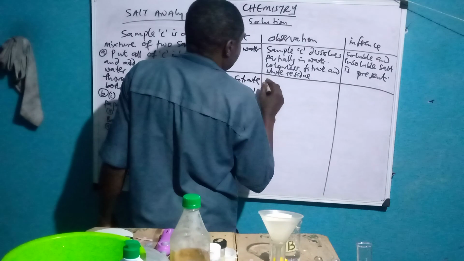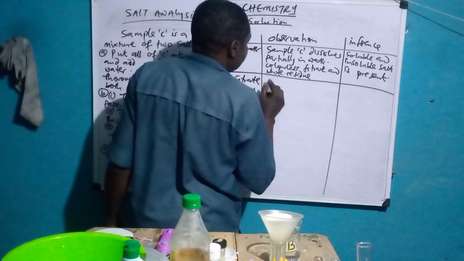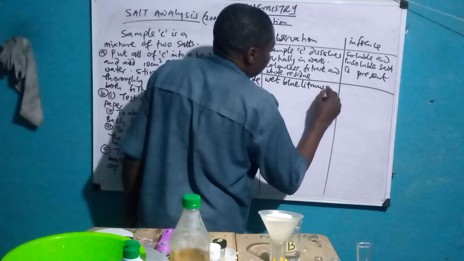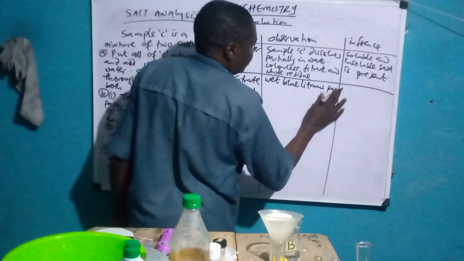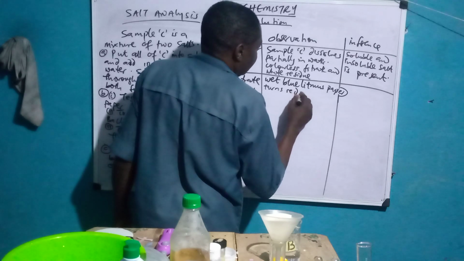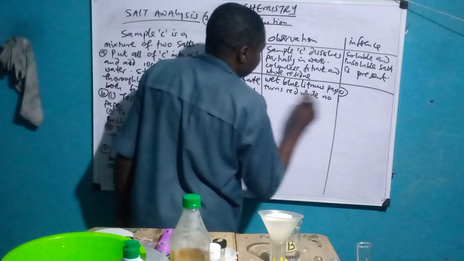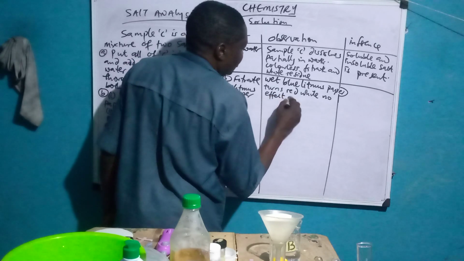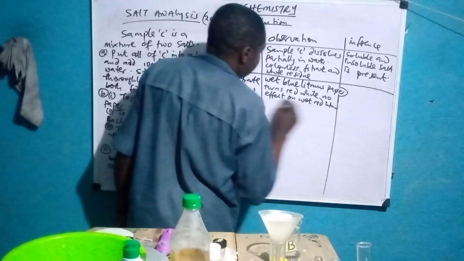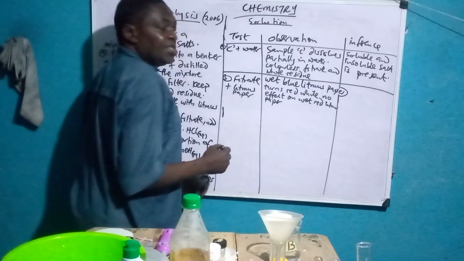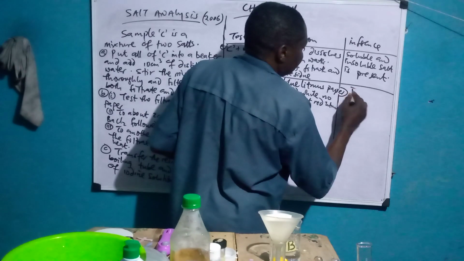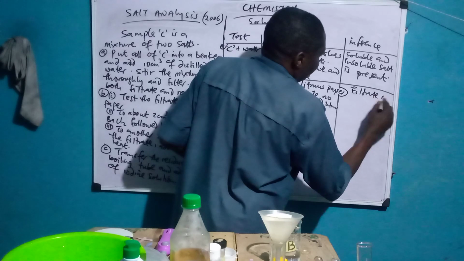You say: blue litmus paper, wet blue litmus paper turns red, while no effect on wet red litmus paper. Because it changed blue litmus paper to red, it means the solution is acidic. So the inference: filtrate is acidic.